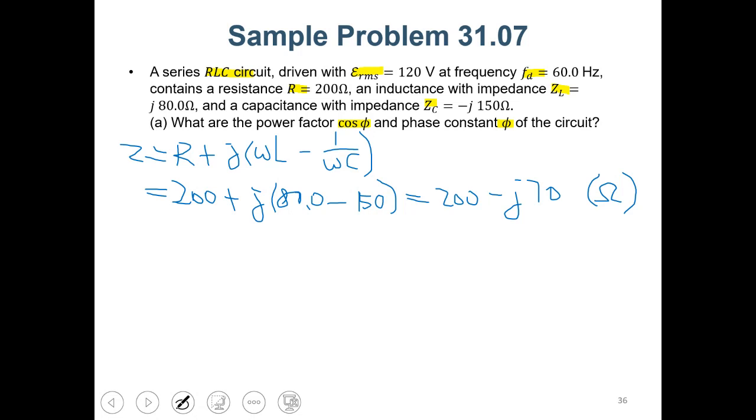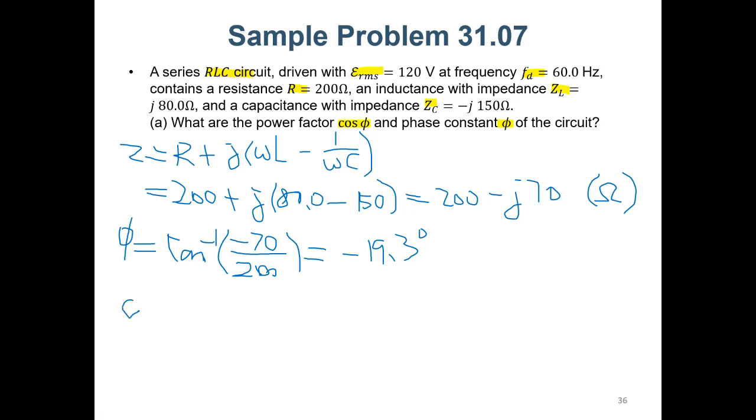And thus phi will be nothing but the arctangent of the imaginary part of Z, which is minus 70, divided by the real part of Z, which is 200. So phi is minus 19.3 degrees.